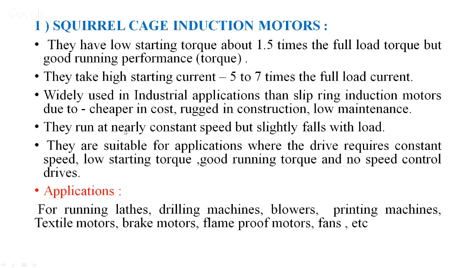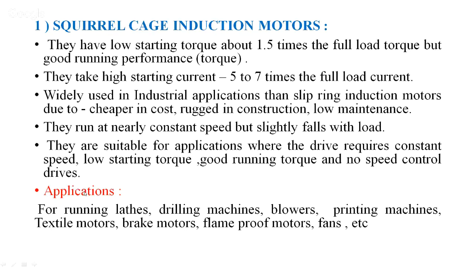They run at nearly constant speed. They are suitable for applications where the drive requires constant speed, low starting torque, good running torque, and no speed control drives. So whenever an application has these requirements, then a squirrel cage induction motor will be preferred.